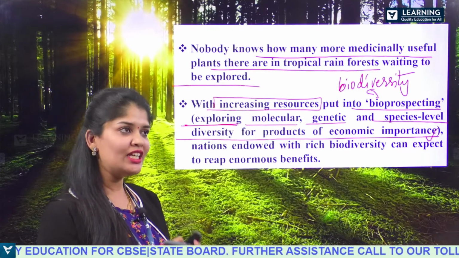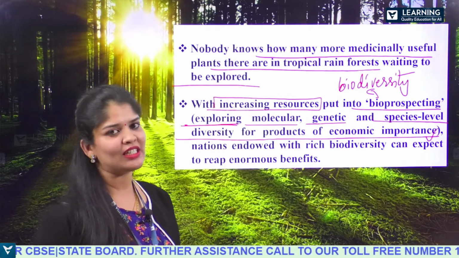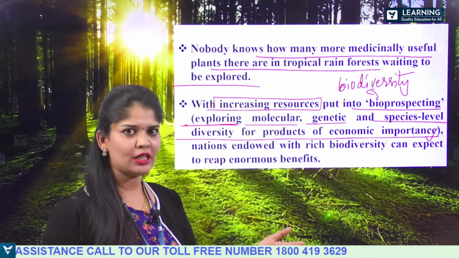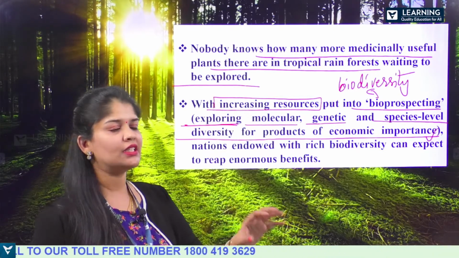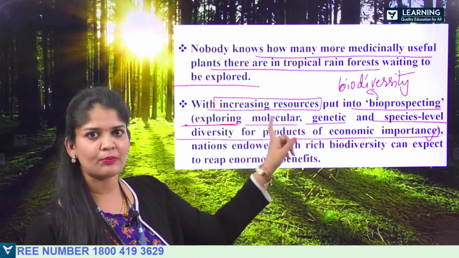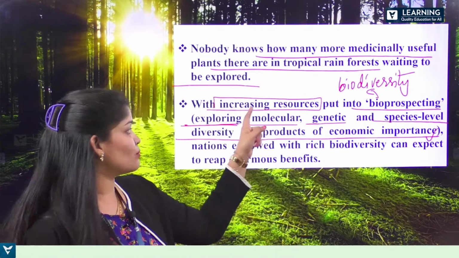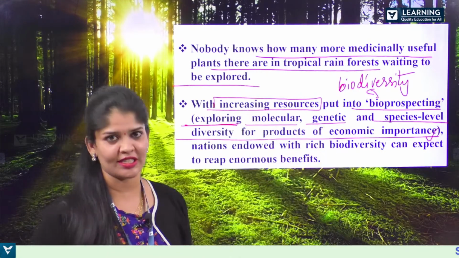Thereby, we need to produce some commercially important products. That means humans are searching to identify whatever economically important products are present in the diversity of plants and animals at the molecular level, genetic level, and species level.